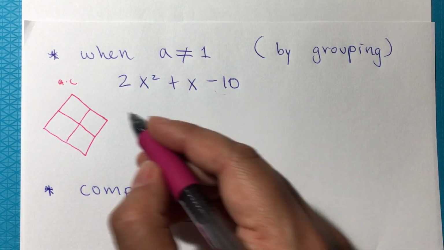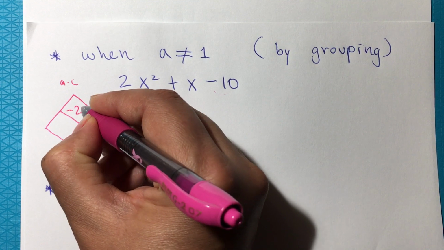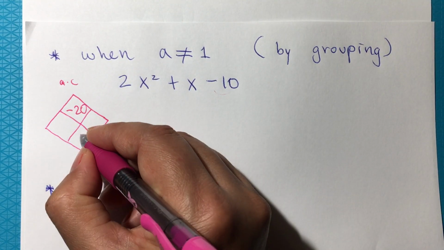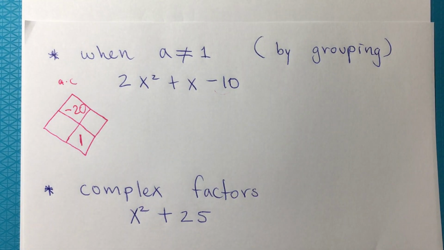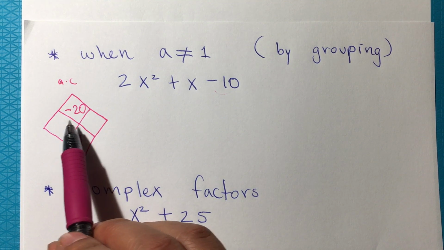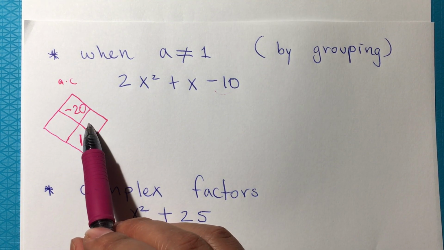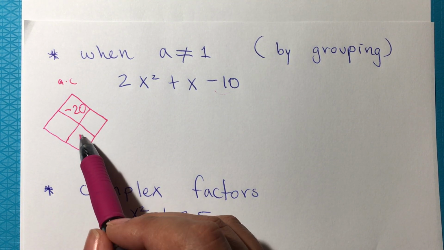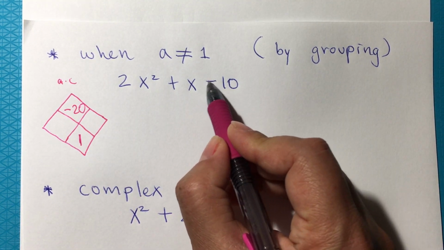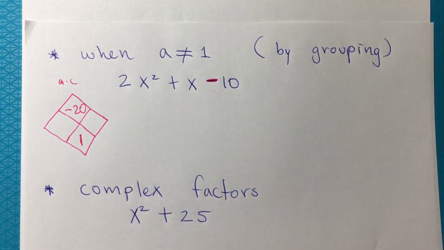So 2 times negative 10 is negative 20, and the middle term's the same. Now we're looking for two factors that multiply to equal negative 20, but when subtracted, this tells me that I'm going to subtract, the difference is going to be 1.